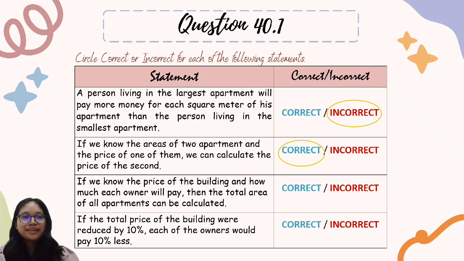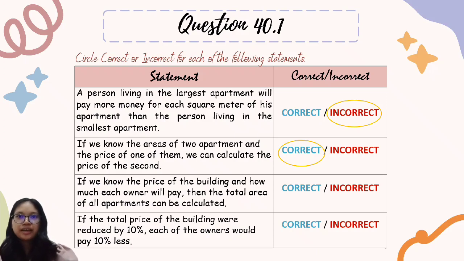If you know the area of 2 apartments and the price of one of them, you can set up a proportion to calculate the price of the second apartment. The relationship is based on the idea that the price is directly proportional to the size. Do you understand?